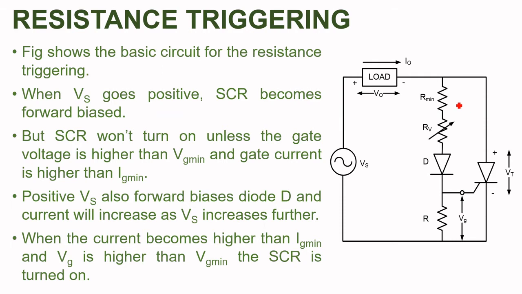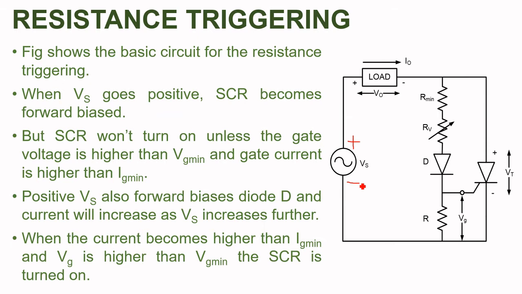These resistances R minimum, RV, diode D and the resistance R, this branch forms the triggering circuit of SCR. When Vs becomes positive, that means when positive voltage is available on this terminal as compared to that terminal, we are considering that Vs is positive.